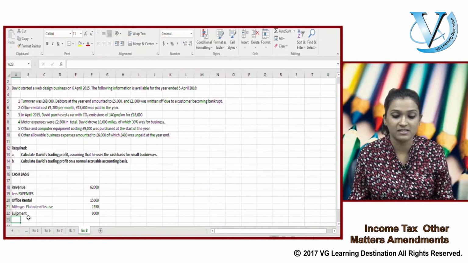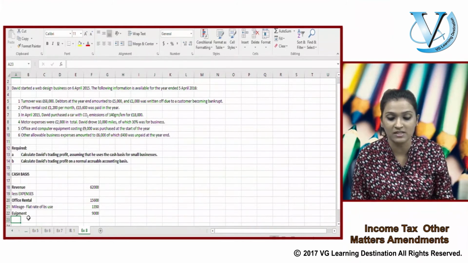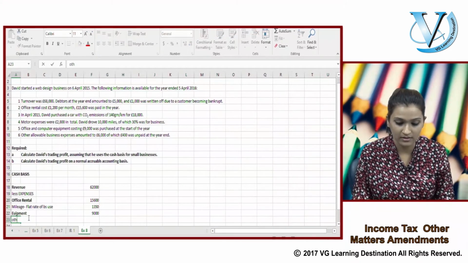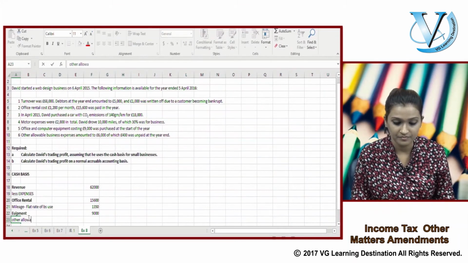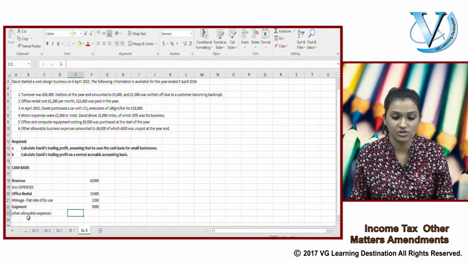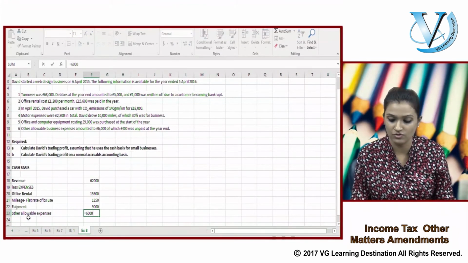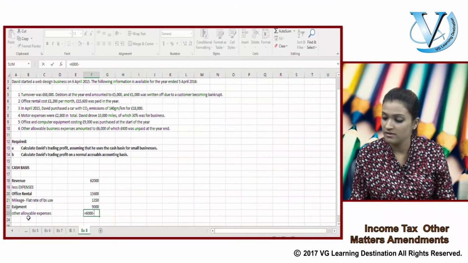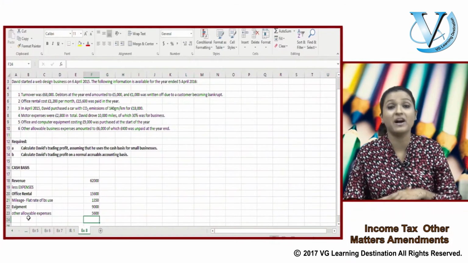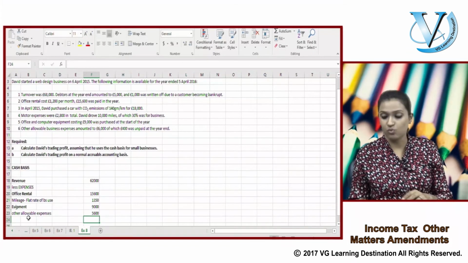Other allowable expenses is 6,000, of which 400 is unpaid. So other allowable expenses is how much? Out of 6,000 pounds, you got 400 still unpaid. So 5,600 is what you can claim.